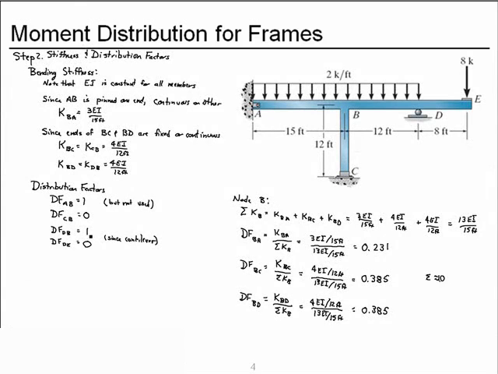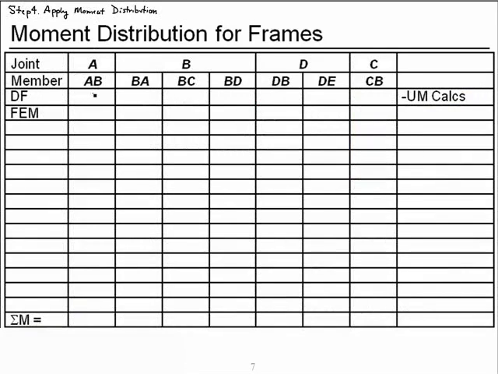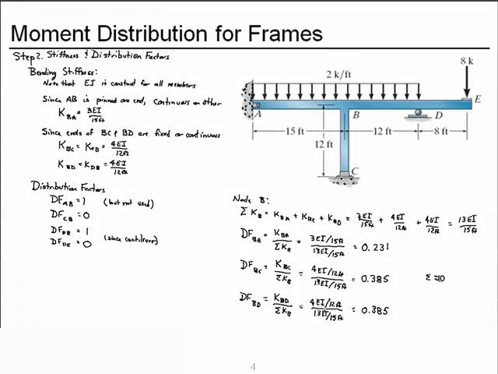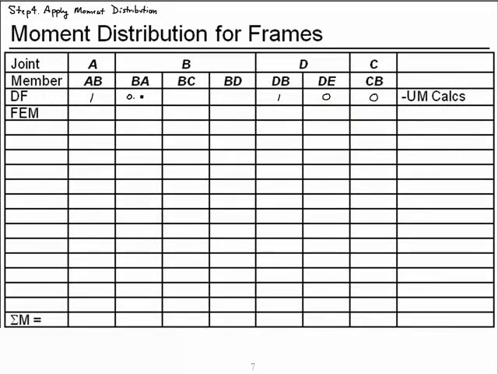DB, 1, and DE, 0. And for node B, we said the distribution factors would look as so: 0.231, 0.385, and 0.385.